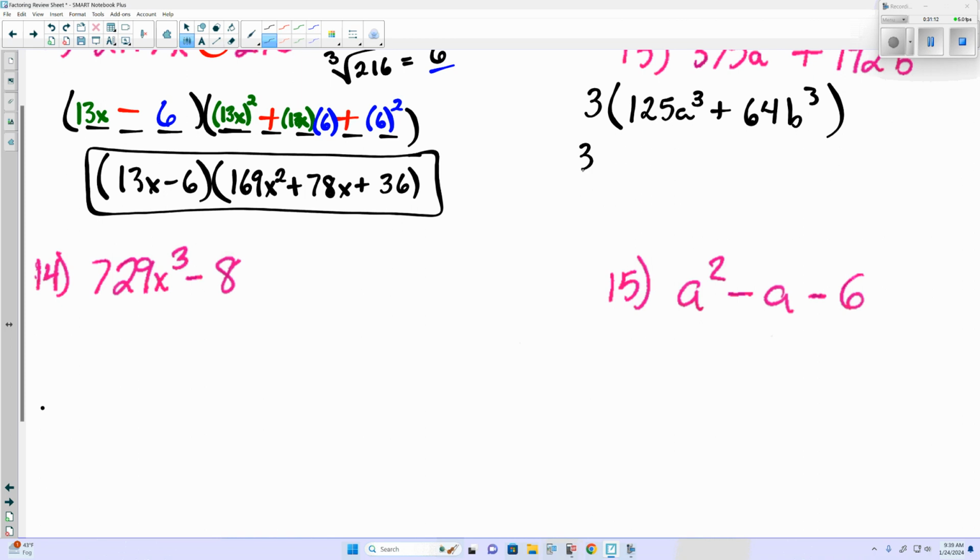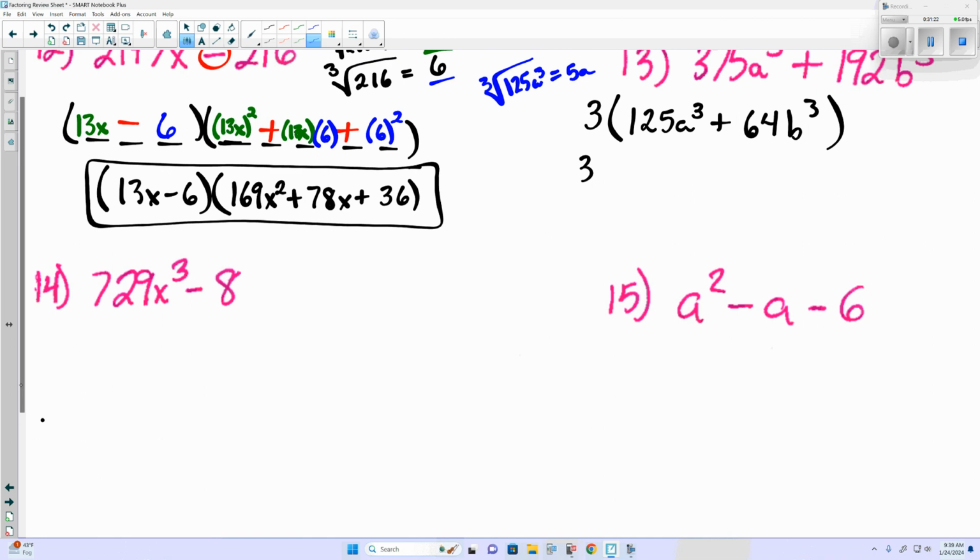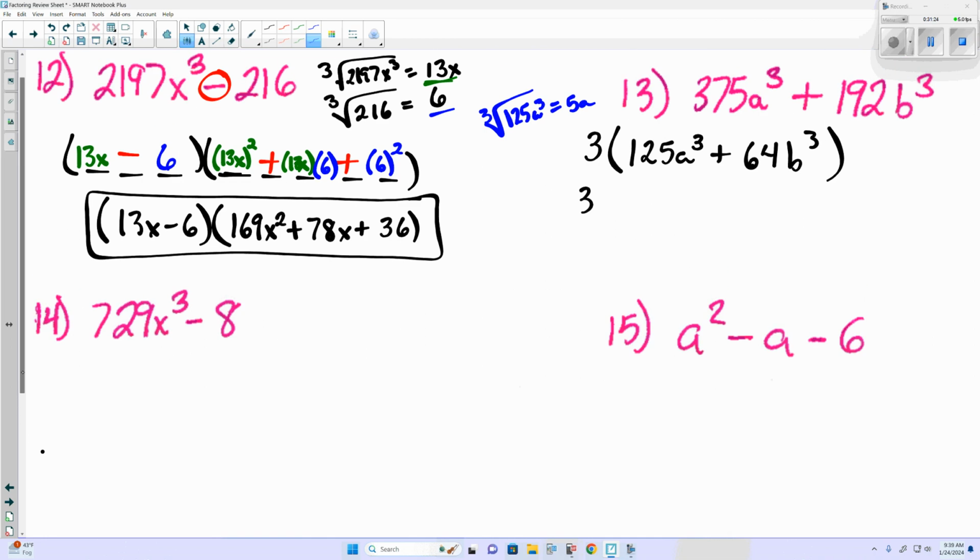And we took the cube root of 125a cubed. 125 was 5, and a cubed is a. The cube root of 64b cubed is going to be 4b.